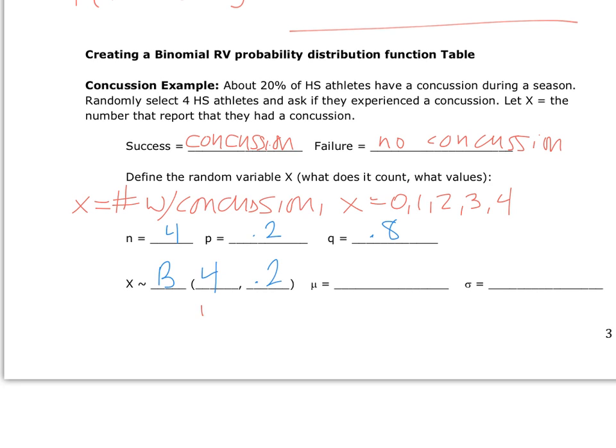All right, so all we're doing is filling in n and p there. All right, the mean. We're going to take 4 times 0.2, which gives us 0.8. And the standard deviation, that's the square root of 4 times 0.2 times 0.8, where if we round that, it just comes out to a nice 0.8. So we actually get 0.8 for the mean and the standard deviation.